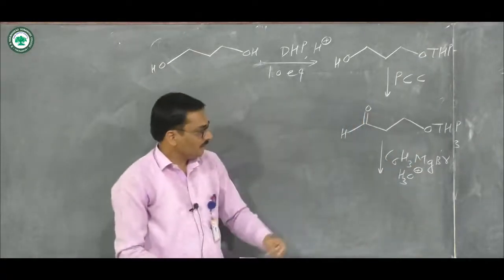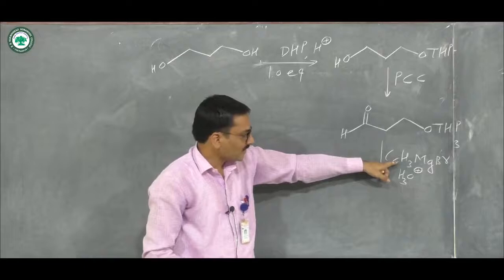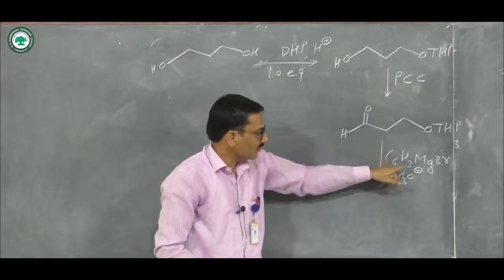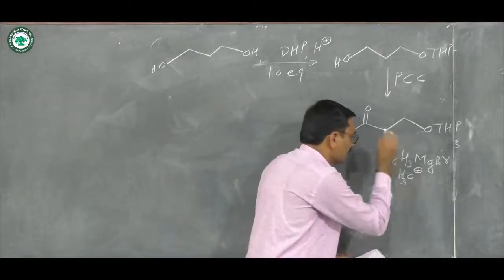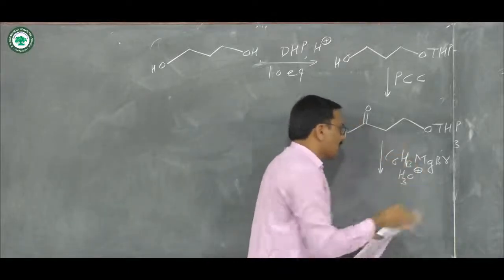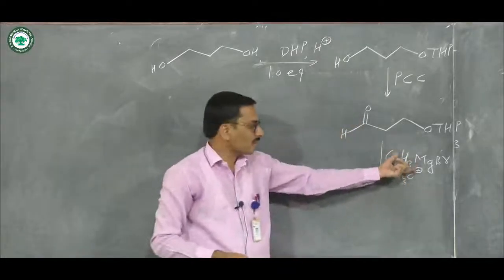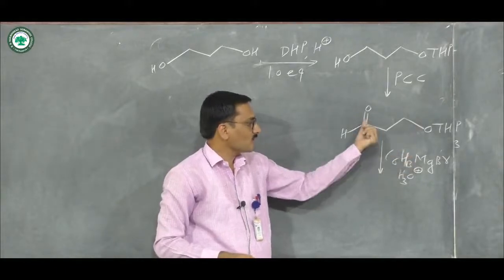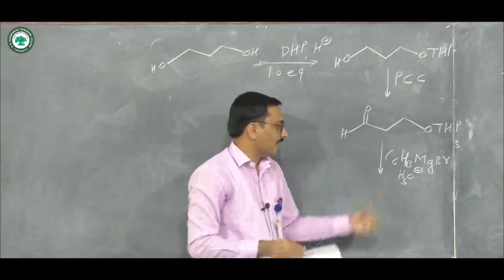In the next step we use a Grignard reagent, that is C6H13MgBr. So this Grignard reagent undergoes reaction with this carbonyl group of the aldehyde.